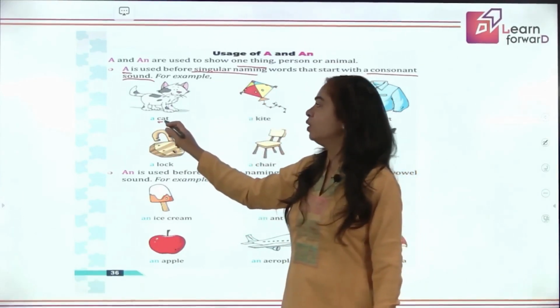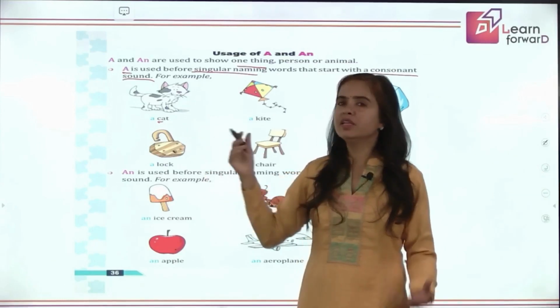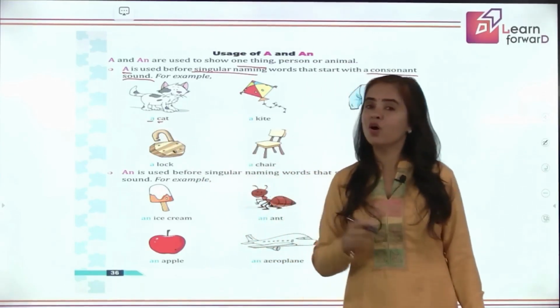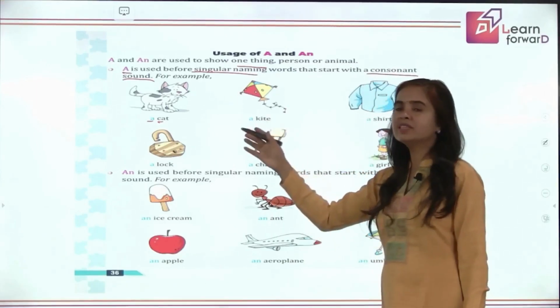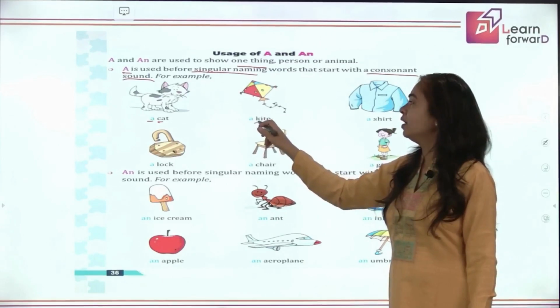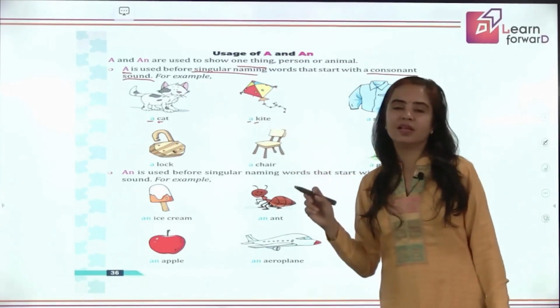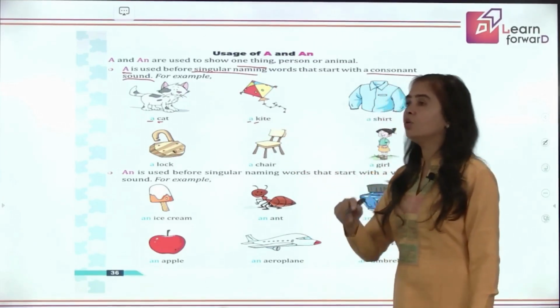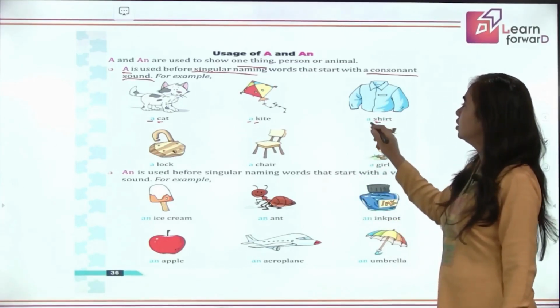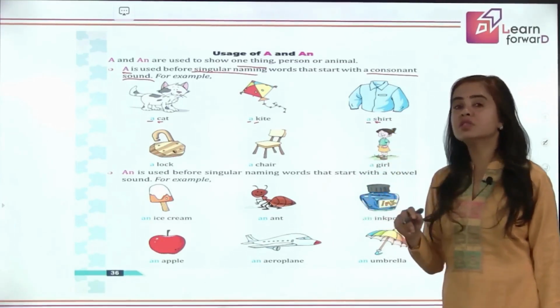And then I will look at the sound C. It's not a vowel. So I'll be using a here before the consonant sound. Next again, this is one. This is a naming word and a consonant sound. So again, I'll be using a. So this is how you have to identify. Shirt is again a, because it's a consonant sound.